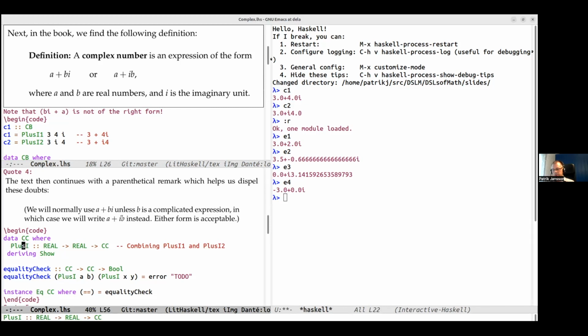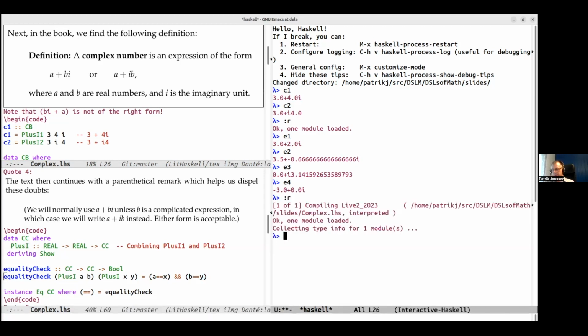And then what this, instead of acceptable, if you read it as interchangeable, that means that we can check the equality of two complex numbers, one having real part A, imaginary part B, and one having real part X, imaginary part Y, by checking that A is equal to X, the real parts are the same, and B is equal to Y, the imaginary parts are the same.